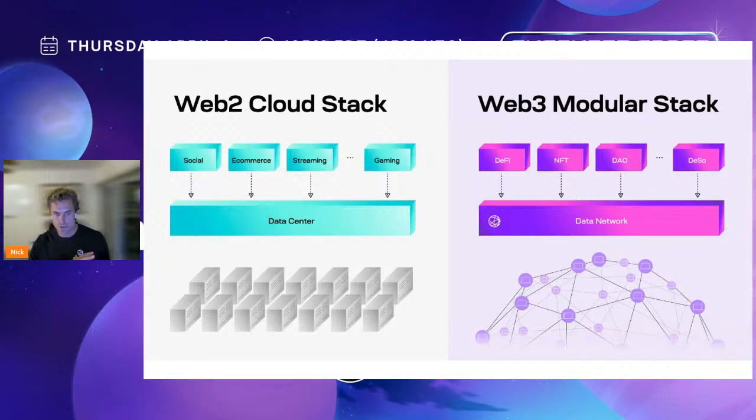Now, if we shift to the Web3 modular stack, it's a very similar paradigm or design, where instead of a data center, you have a data network like Celestia. What a data network like Celestia does is provide you with the raw resource of block space.